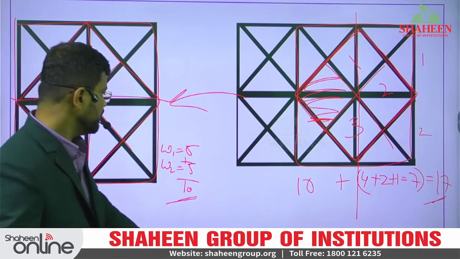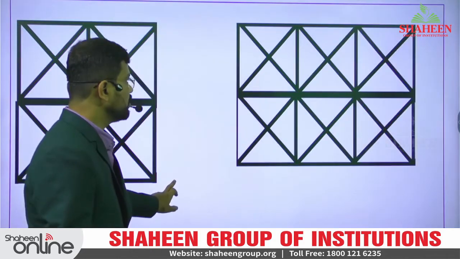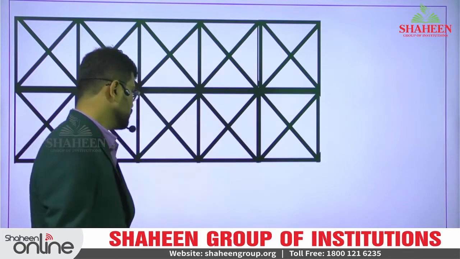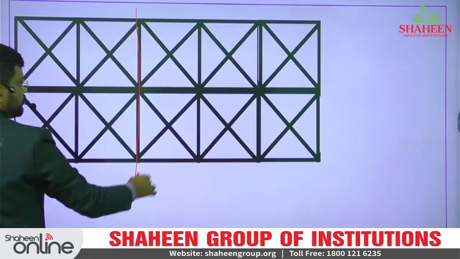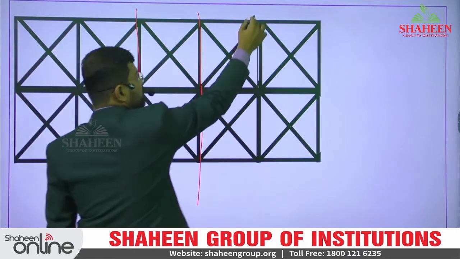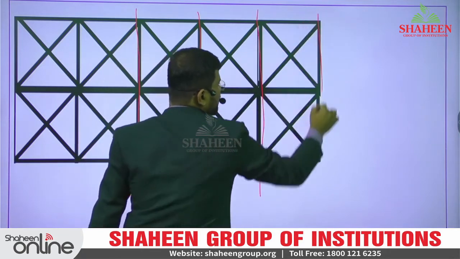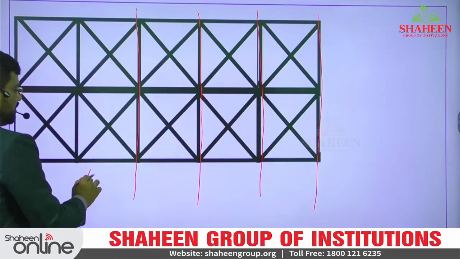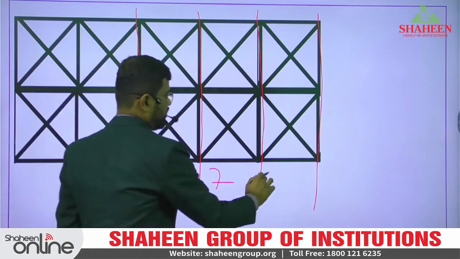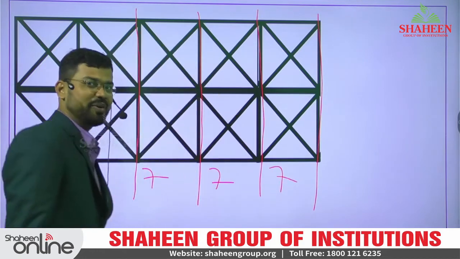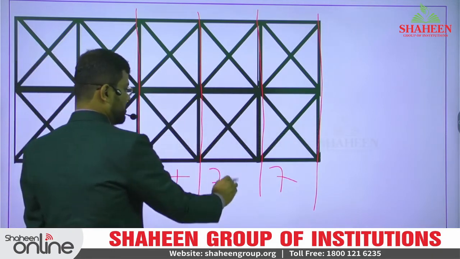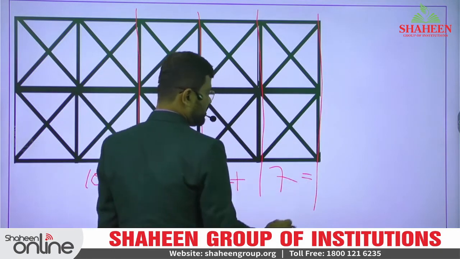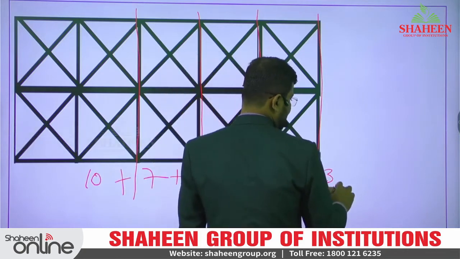Let us move ahead. Now friends, look at here. Now I will just divide it. I will make my job very easy here. Up till here 10, 7, 7, 7. 7 into 3, 21. 21 plus 10, it is 31.